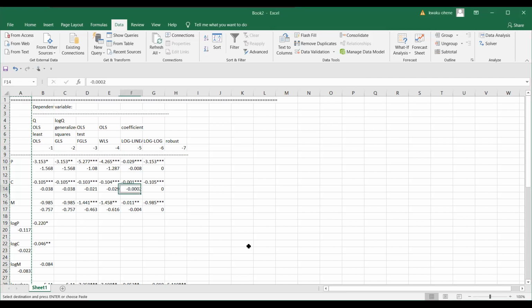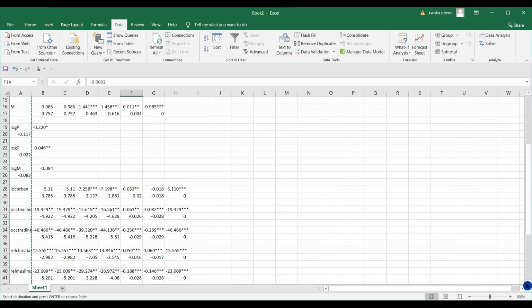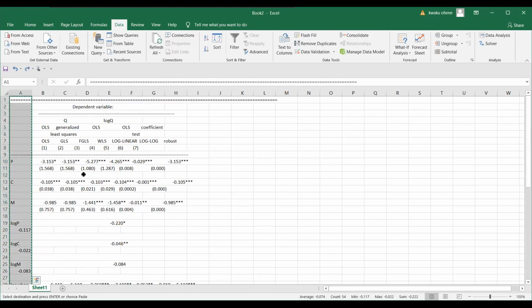But this one also organizes it in some slight way, the way it has to be done. Sometimes there are some anomalies, but I like to copy it directly to Word, just as I did, and then adjust it in the best possible way you can.